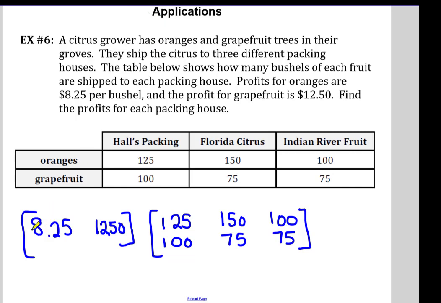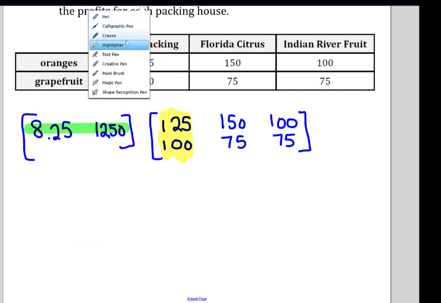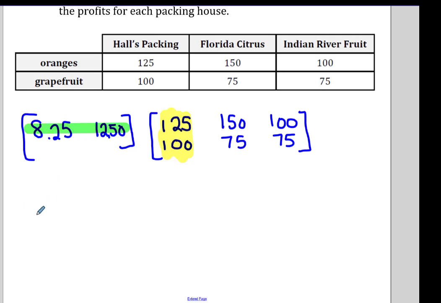Then using the highlighter approach, if I have this row for the price per bushel and multiplying by this column, you can see that we're multiplying the profit for the oranges times the oranges, and the profit for the grapefruit times the grapefruit. And that's going to give us the right pairing for each of these elements in our matrix multiplication.